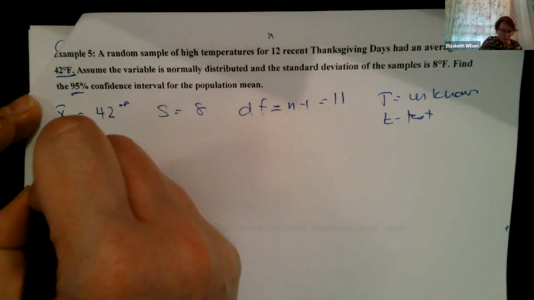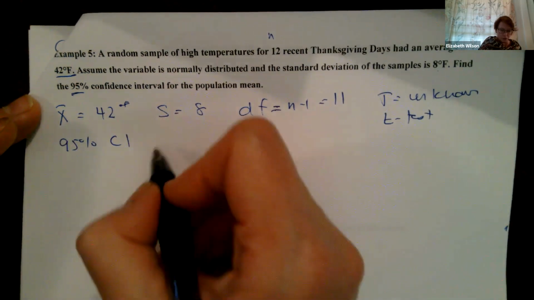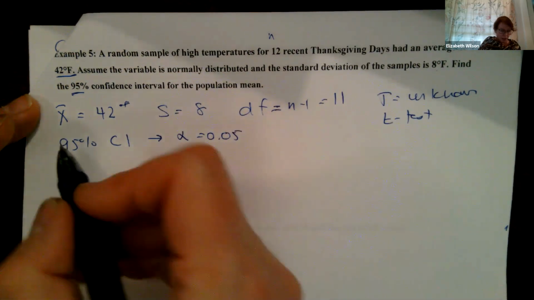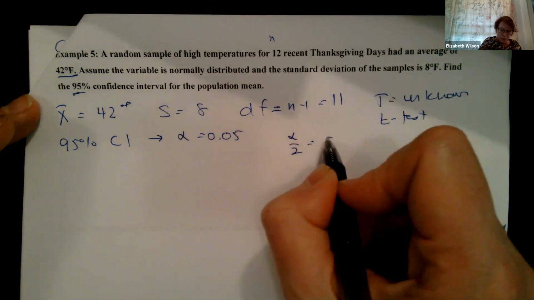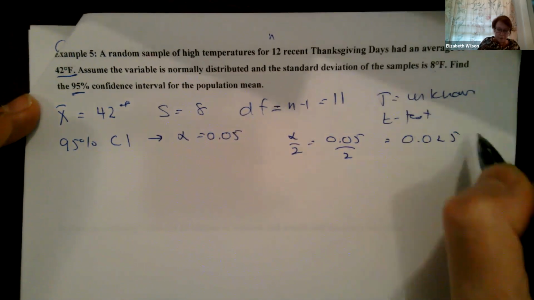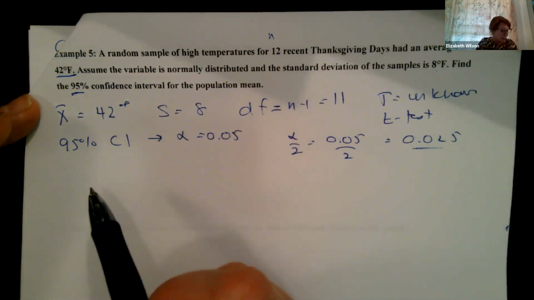Okay, so now let's look at it. A 95% confidence interval means I've got an alpha of 0.05. So for my confidence interval, I need to look at alpha over 2, 0.05 over 2, which is 0.025. This is what I'm looking up on my table to get my appropriate t-value.